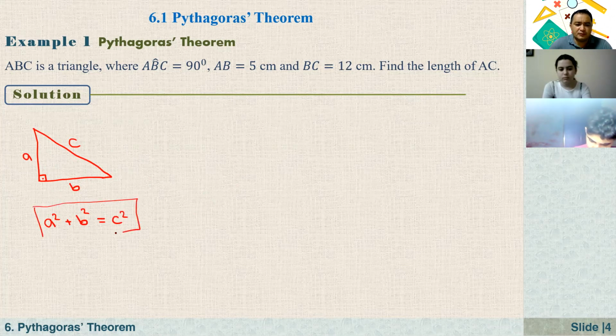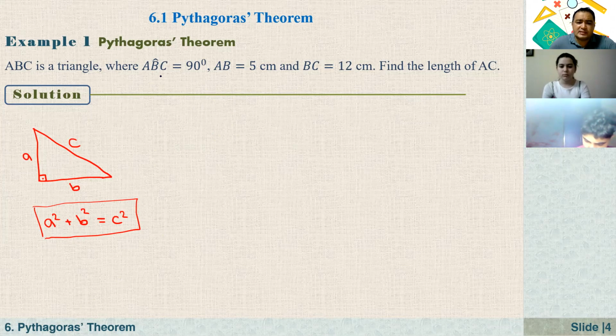There are a lot of different proofs, but here we're just going to use this to solve problems. That is called Pythagorean theorem. It's a theorem, and that's why it requires proof. There are a lot of proofs. So let's just solve this question, and maybe about the proof we'll talk later.